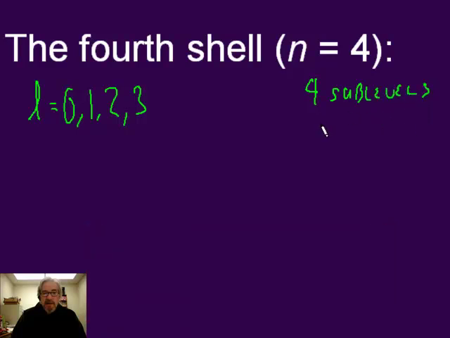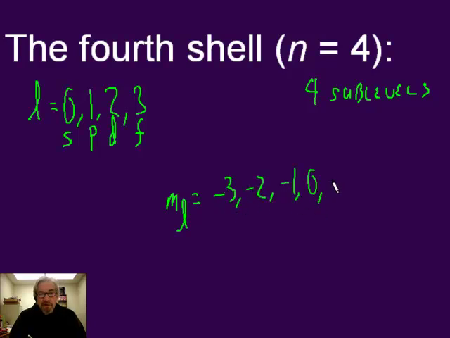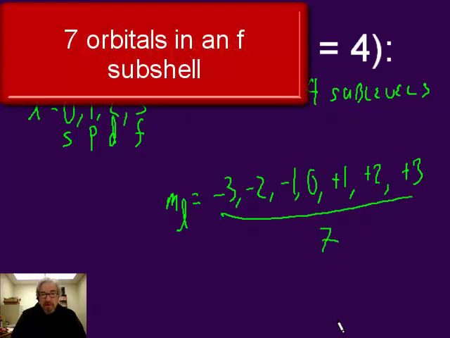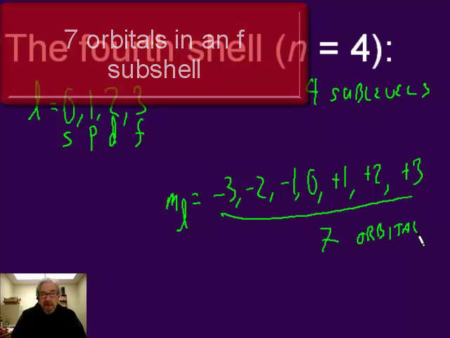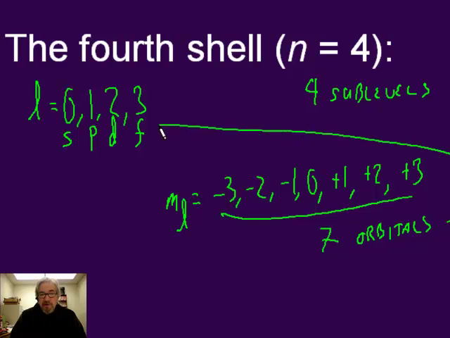The 0 is an S, the 1 is a P, we already saw that, the 2 is a D, and the letter that's given to 3 is F. Now, if L is 3, M sub L has these possible values: -3, -2, -1, 0, +1, +2, and +3, which is 7 possible M sub L numbers. That means that there are 7 orbitals when you're in an F sublevel, or in other words, when L equals 3. 7 orbitals can contain 14 electrons.